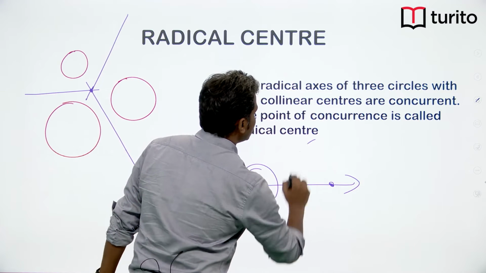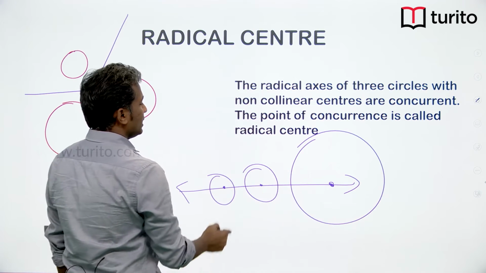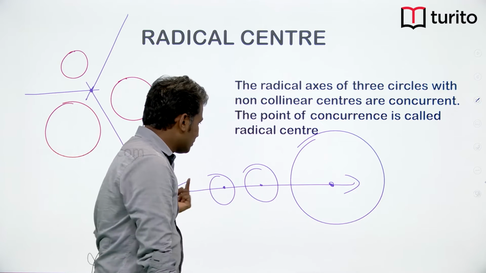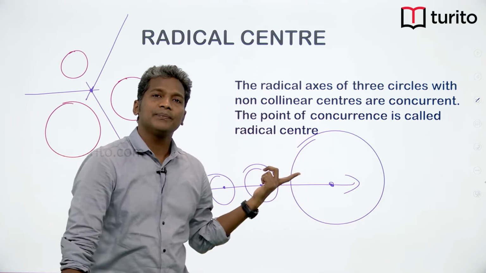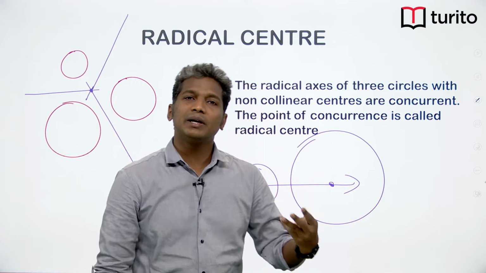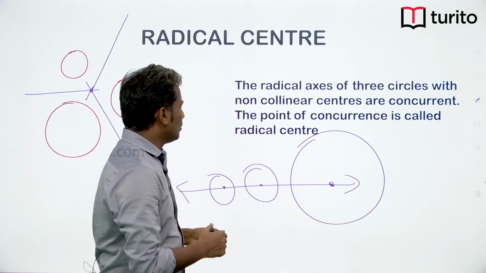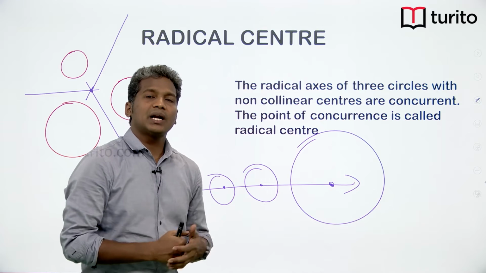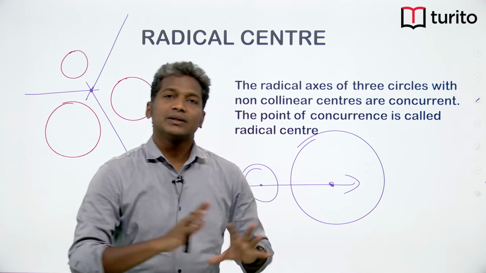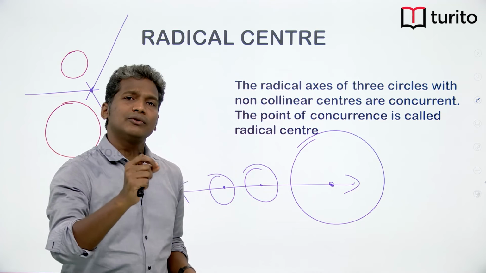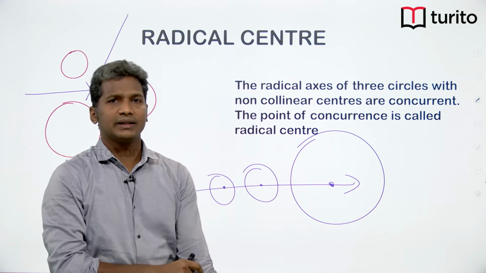Let us say there is another center and a third circle. Now, here we will get 3 radical axes, all of them will be perpendicular to the baseline that we have drawn here, which means those 3 will be parallel lines, they will not intersect. Okay. So, only for this case the radical axes are not concurrent, for all other cases they are concurrent, and the point of concurrency is the radical center. Okay.